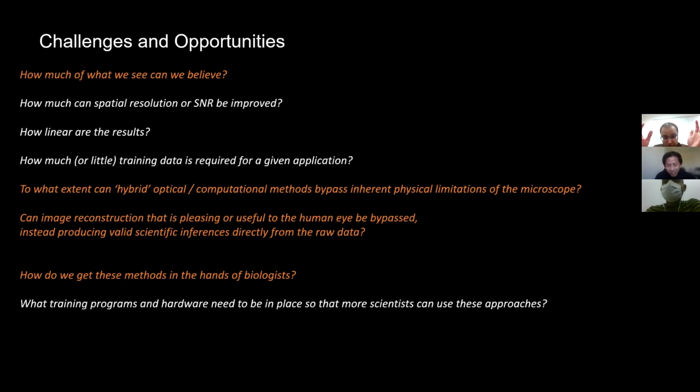That's the thing you actually end up spending time to do. So the question is, can you build workflows that just bypass the image entirely and go from the data to the thing you want? I think that is maybe where we're heading. But before we get there, there's a lot of work to be done, including just training, and getting these methods in the hands of biologists. So I think there's a big opportunity, not just a challenge, in this field. And that's my view anyway.